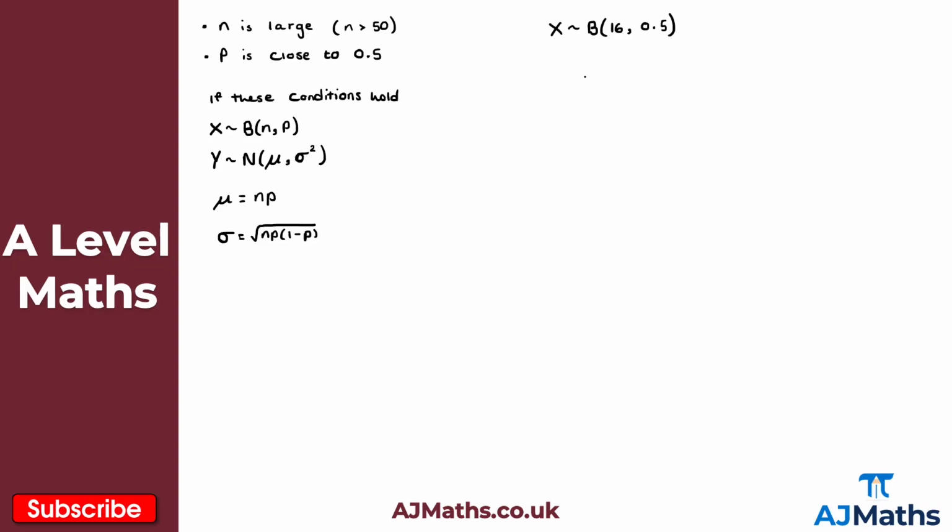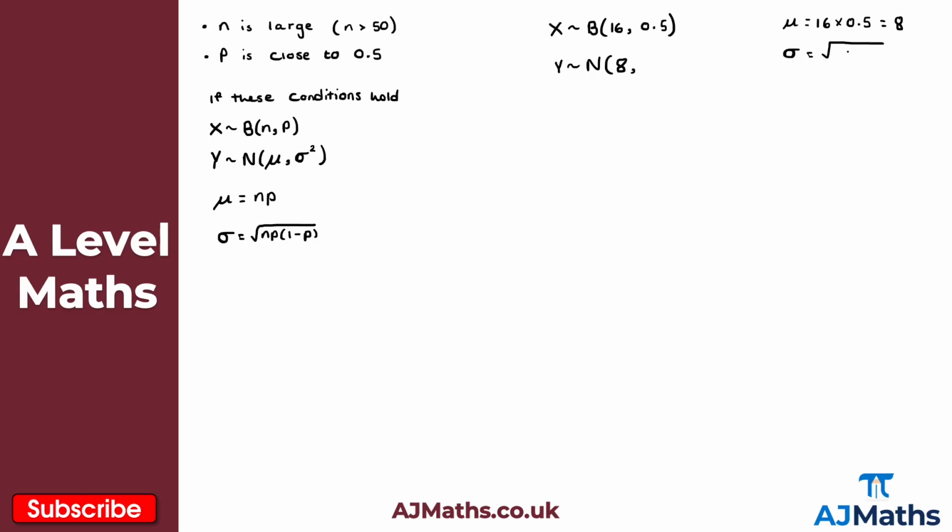So if I was to find the approximation, we'd have y. Y is normally distributed. So for mu, that would be n times p, so 16 times 0.5, which is equal to 8. So mu equals 8. And then for the variance, let's start by finding the standard deviation.